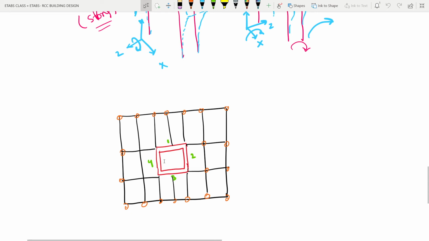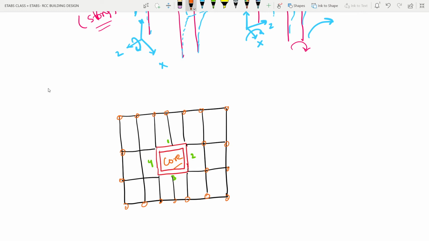This particular thing is called the lift, and this particular thing is called the core. That's why I call it the lift core. So at the center of the building there will be the core, and we'll be having the columns and beams connected to it.